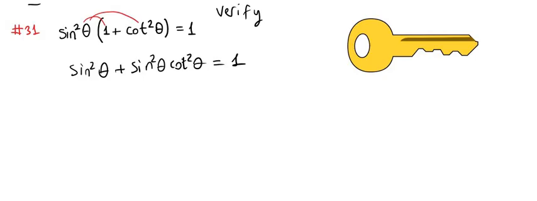in terms of sine and cosine. Let's rewrite everything in terms of sine and cosine. Sine squared theta plus sine squared theta times cotangent squared theta. Cotangent is 1 over tangent, which is cosine over sine.